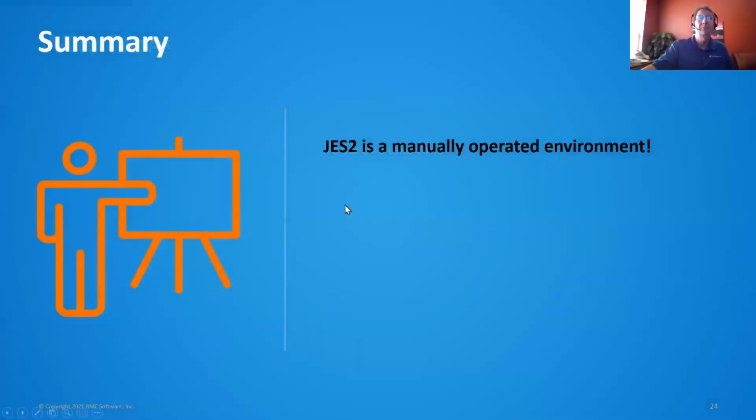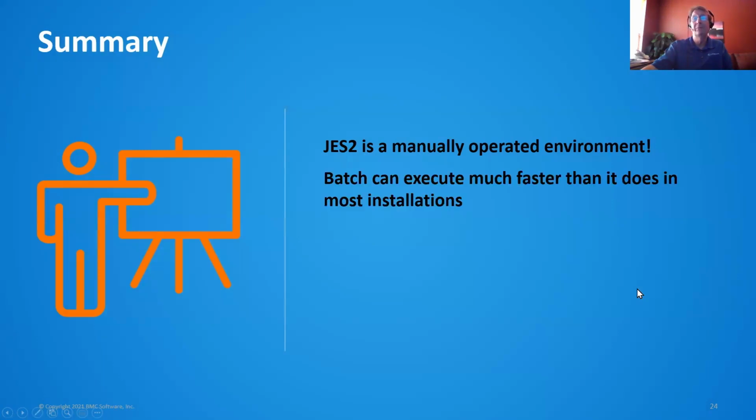So in summary, JES2 is a manually operated environment. It's getting too big to be manual. Every company automates when they get too big. This needs to automate too. Your batch can execute much faster. I'm sure in most every installation, your batch can execute much faster than it does.